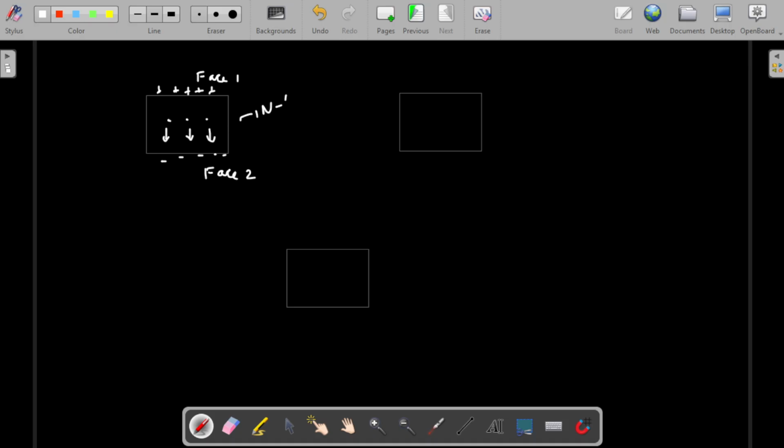So this is n-type, because the electric field is pointing downward. If it is p-type, the electric field obtained will be negative on face 1 and positive on face 2, because all the holes are present here and will move in the downward direction. So we can clearly see the electric field points from this direction to this direction.